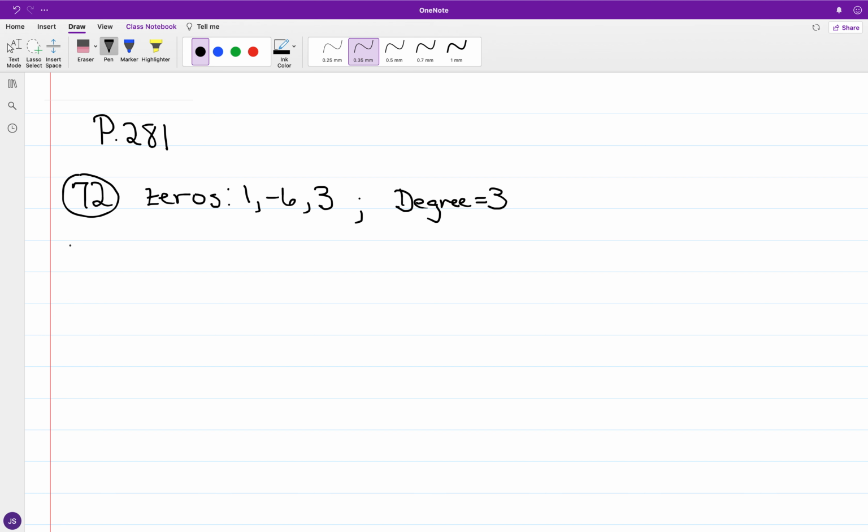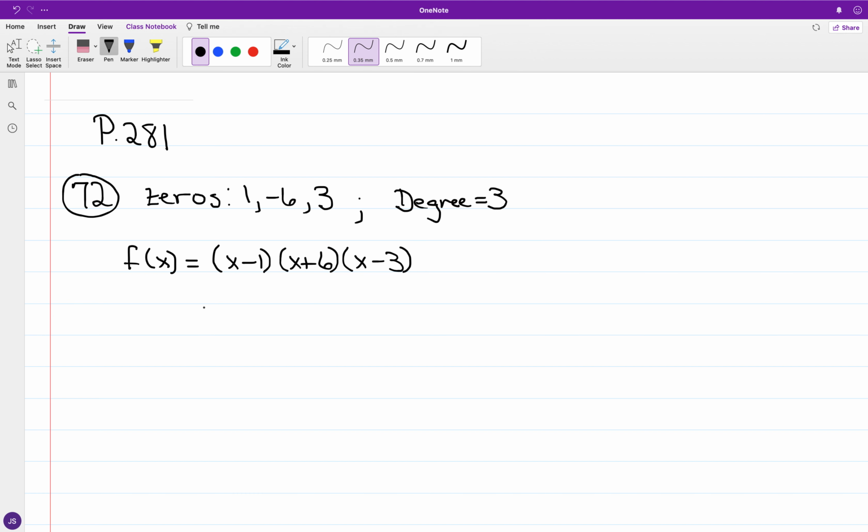Looking at setting up the factored form, or one factored form of this polynomial: with x equal to 1, this stems from x minus 1. For x equal to -6, the corresponding factor is x plus 6. And for 3, we're going to have x minus 3.